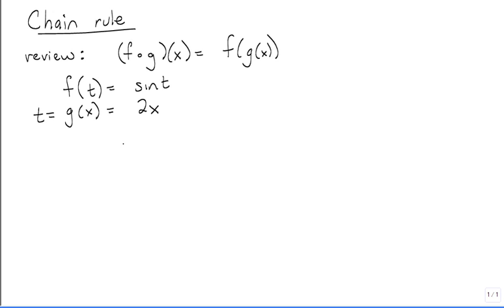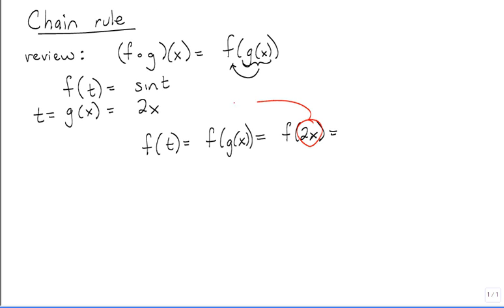So if we compose or substitute in g into f, which is what's happening here, then f of t is going to be f of g of x, because that's what we said t was equal to, and that's f of 2x, so we're going to substitute 2x into, that's what f stands for. f says you take your variable and do sine of it, so this is going to be sine of 2x.